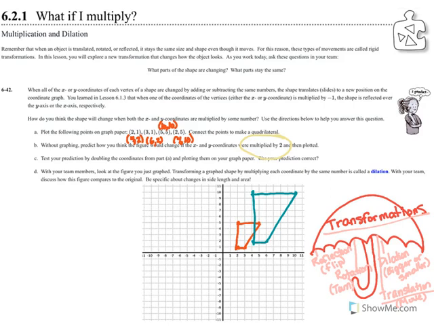Any of those things could have happened. So this is a transformation, it's all of them. If they ask you if a translation has taken place, a translation is only moving it. So if it's bigger, if it's turned, or if it's flipped, it is not a translation. So that's what this umbrella is for.